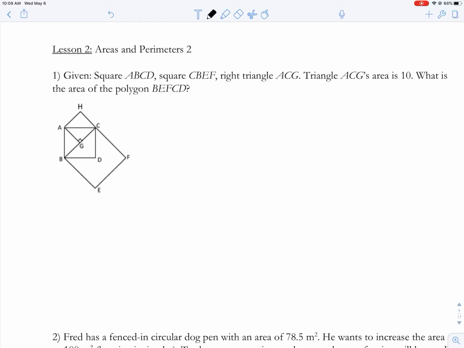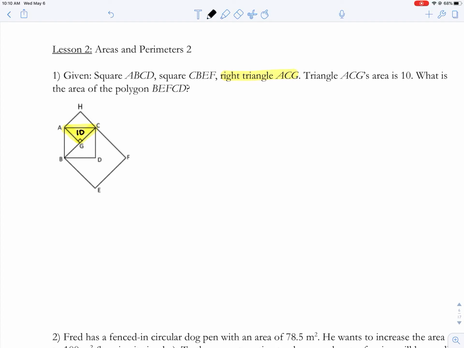So question 1, given square ABCD, which is a small square, and then CBEF, that's that bigger one in an angle, right triangle, this right triangle right here, AGC, it tells us that the area of that right triangle is 10.